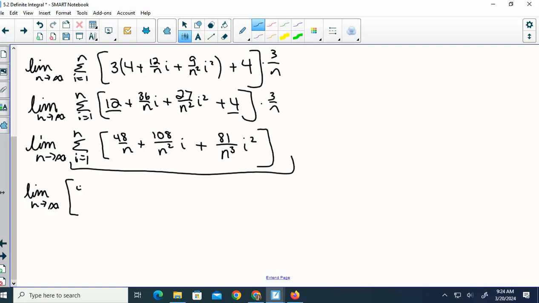So 48 over n. It's its own term and it does not have an i. That means it's a constant. So when I add that up, what do I have to do to it? Times n. 108 over n squared, that's the coefficient.